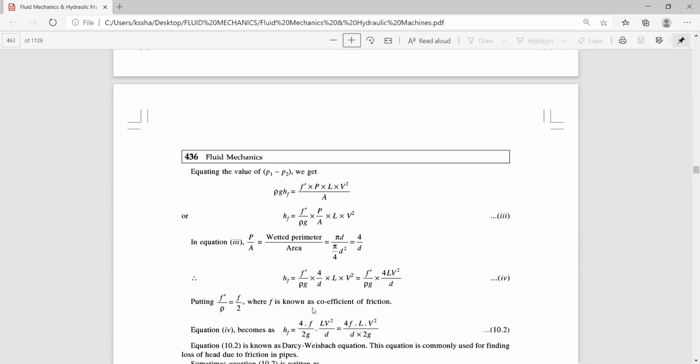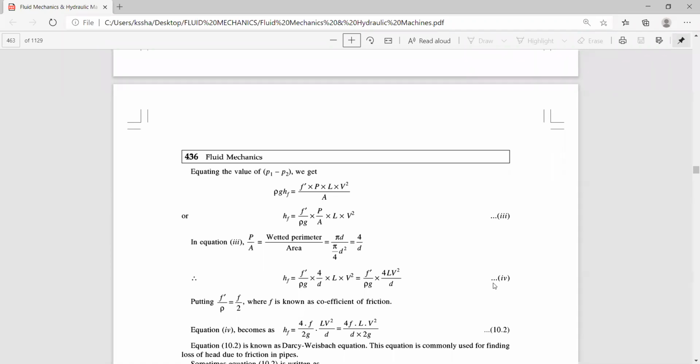Here F is known as the coefficient of friction. See here, F is different, F dash is different, F1 is different. This small f is known as the coefficient of friction, whereas F dash is the frictional resistance, whereas F1 is the frictional resistance force.